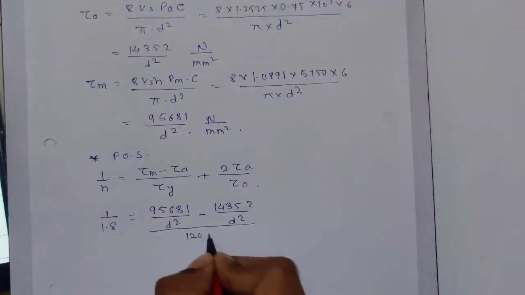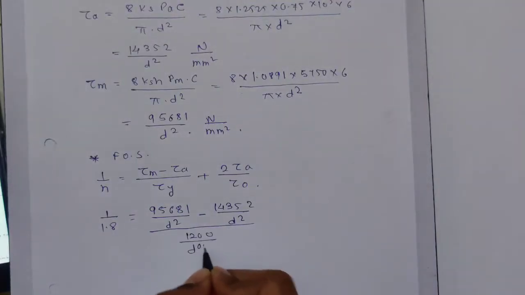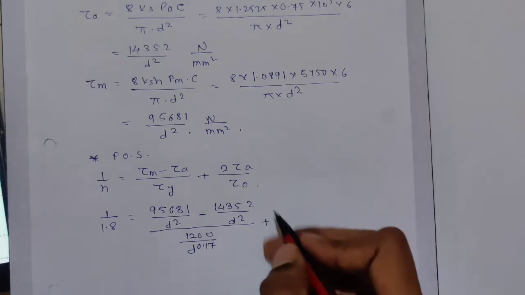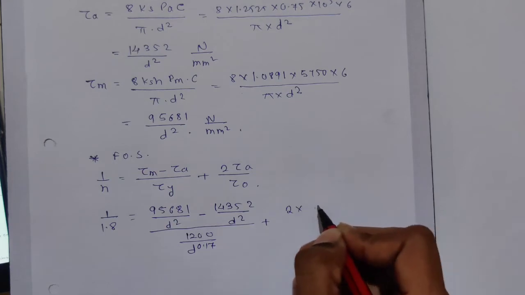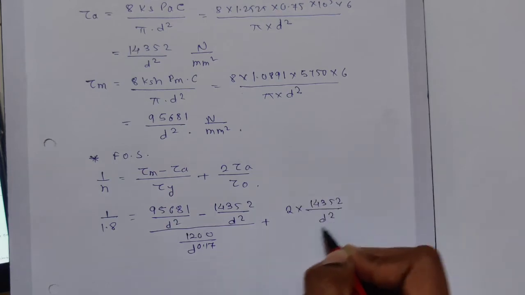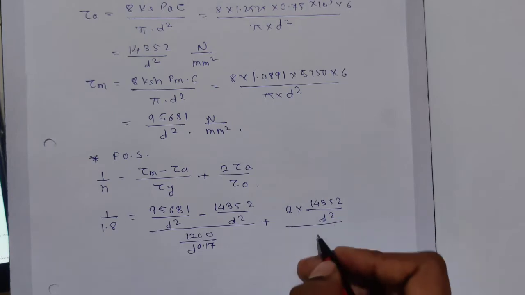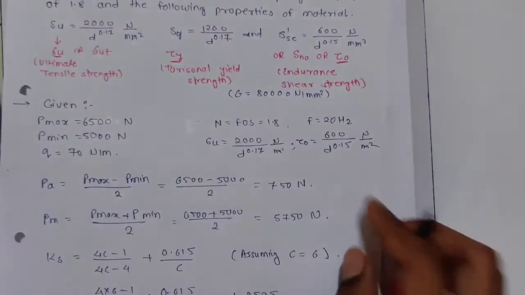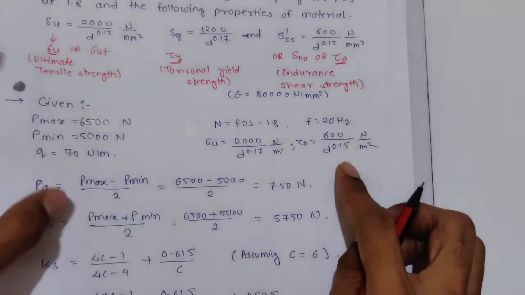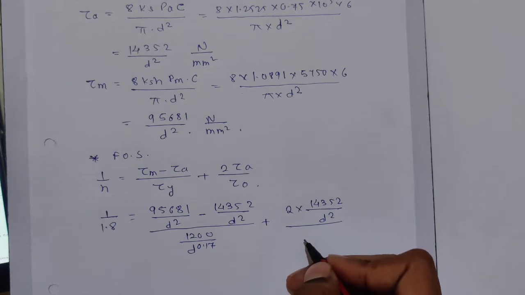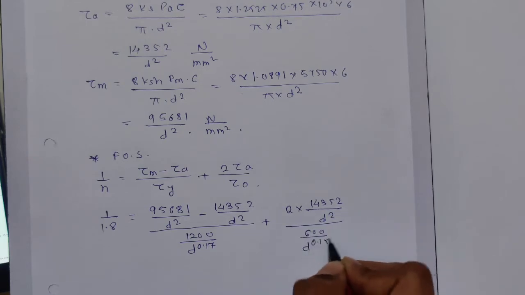So 1200 d raised to 0.17 plus, again 2 into 14352 upon d square, divided by tau 0. Tau 0 is nothing but 600 upon d raised to 0.15.